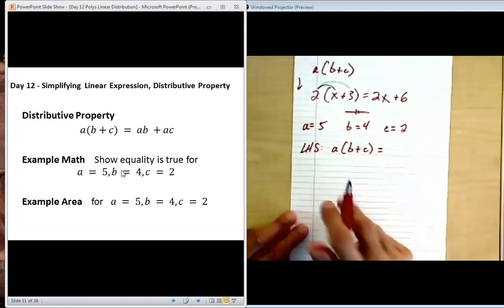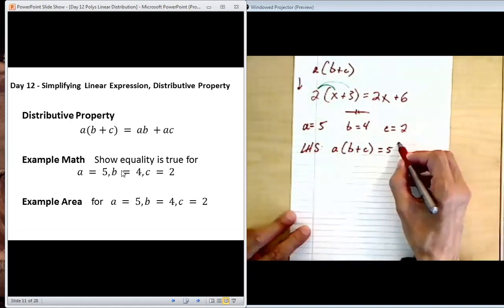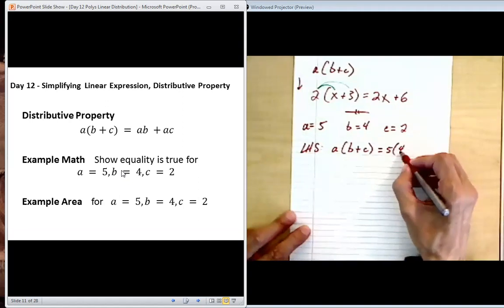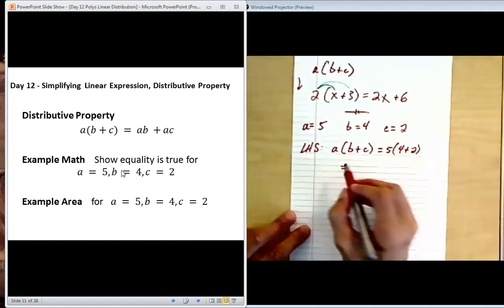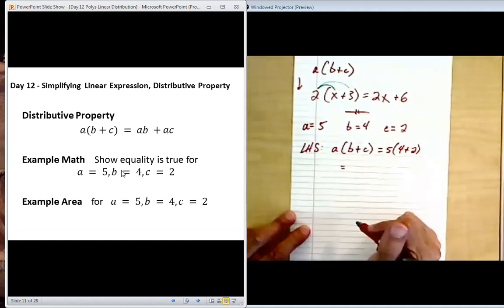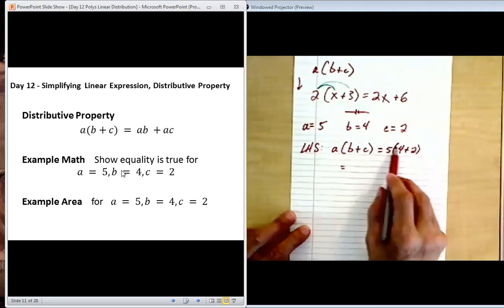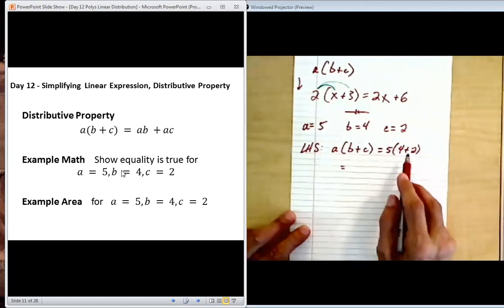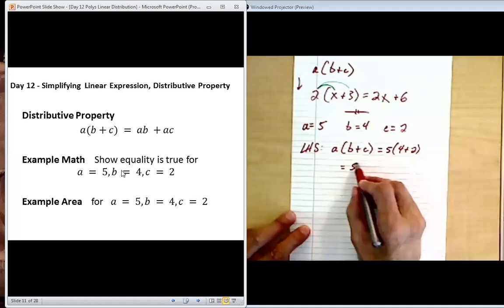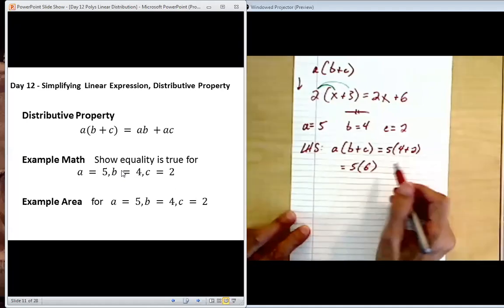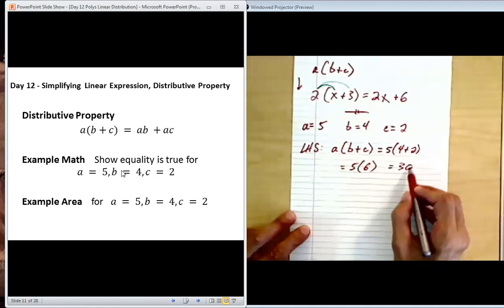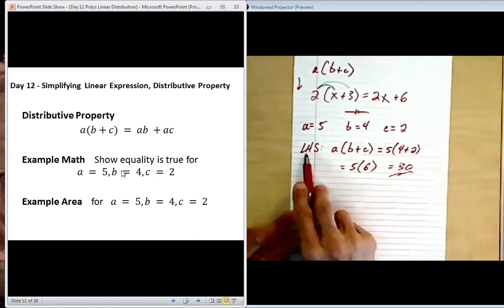A is 5, B is 4, and C is 2. With order of operations, you do what's inside the brackets first. So you do the 4 plus 2, that gives you a 6. Final answer, 30 for the left-hand side.